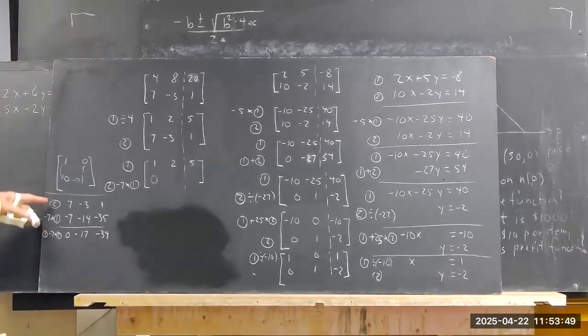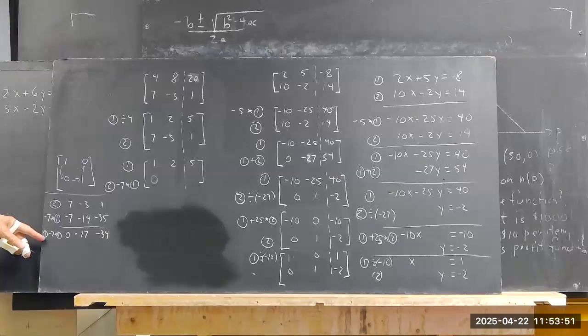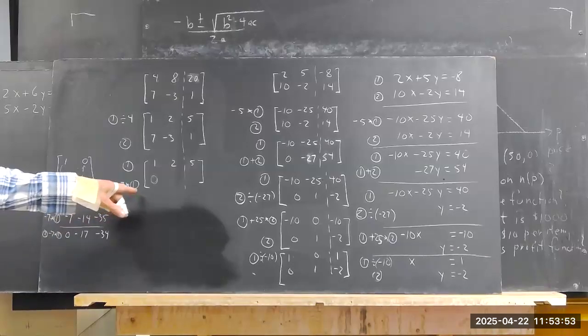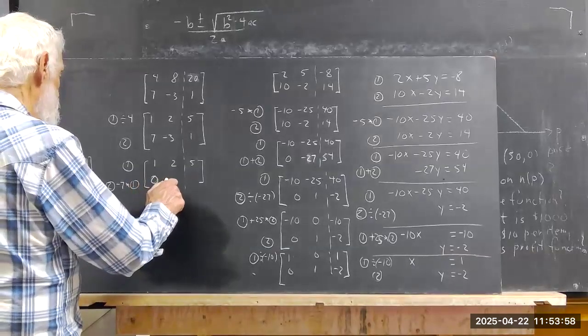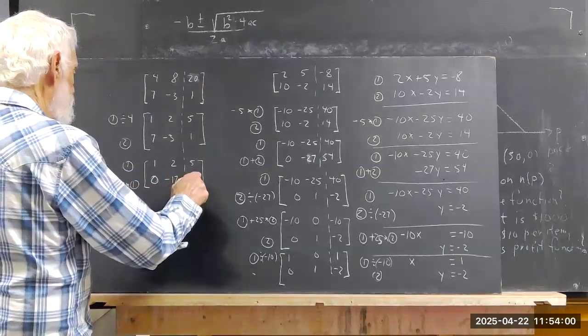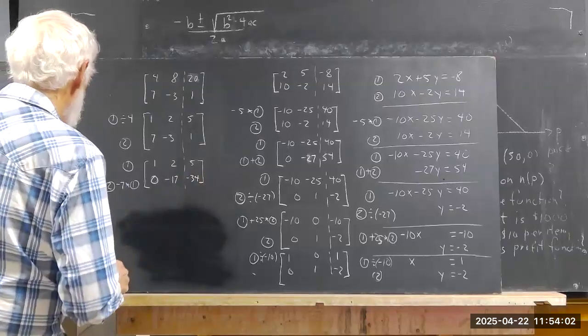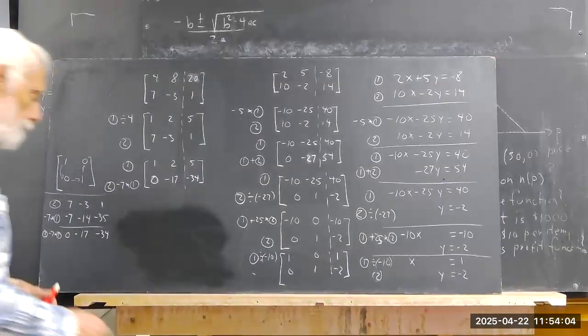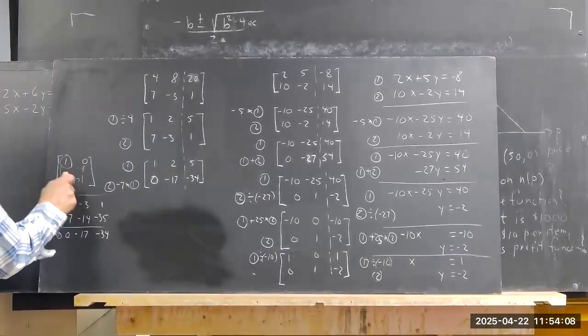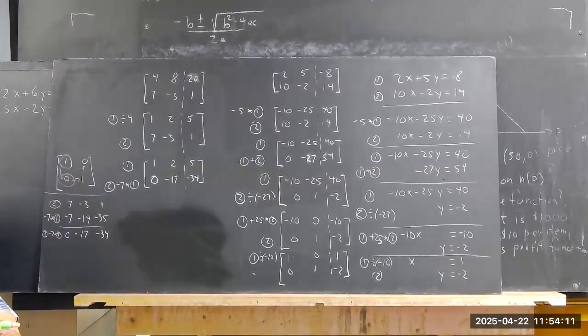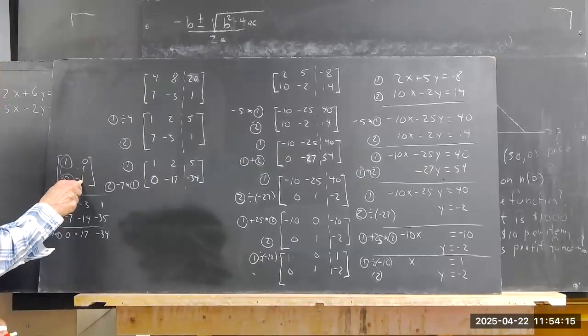Okay? So I've identified everything that I did here, and it matches now what I've got here. So I can write down 0, -17, -34. Okay, so where am I now? I've got my 1 here. I've got my 0 here. Okay, what's the next thing I need? I need a 1 here.